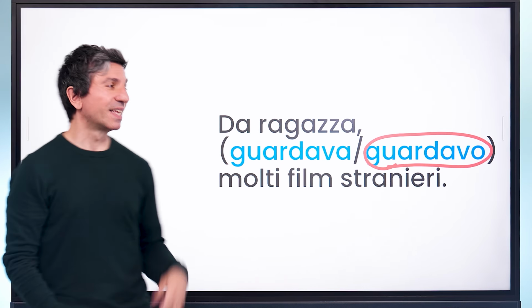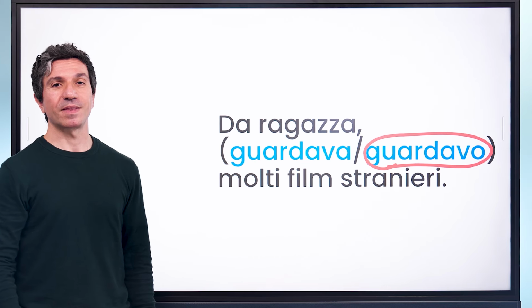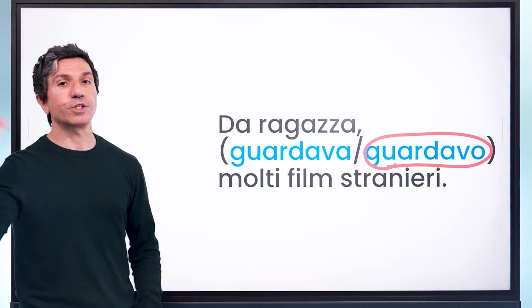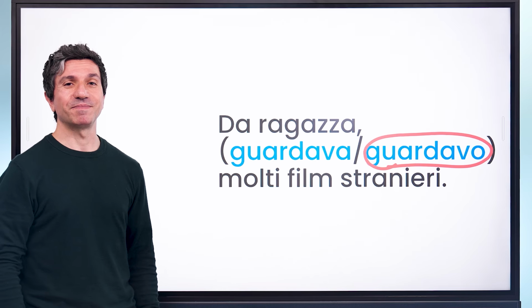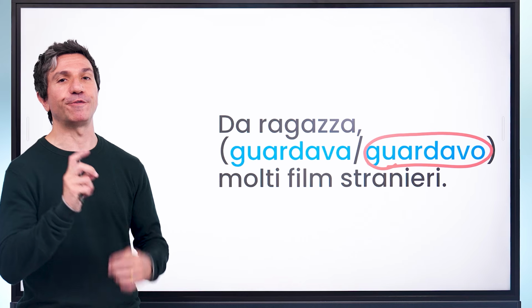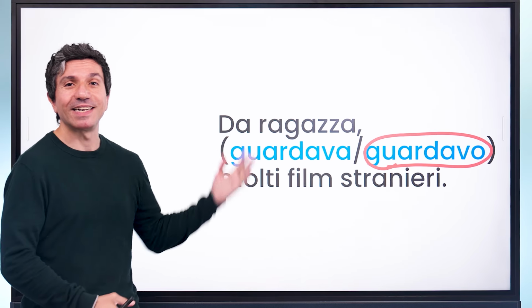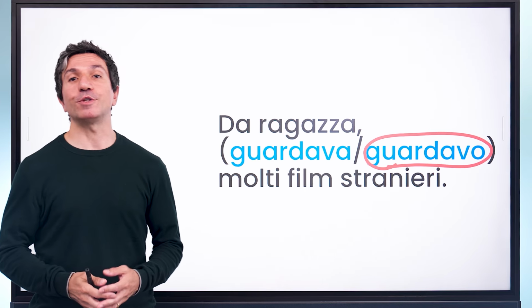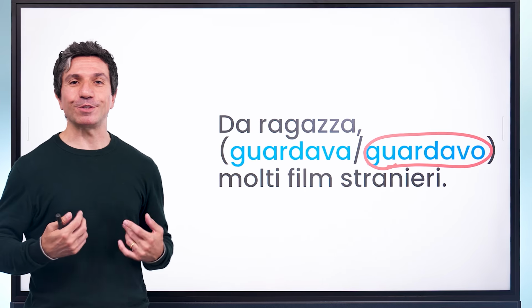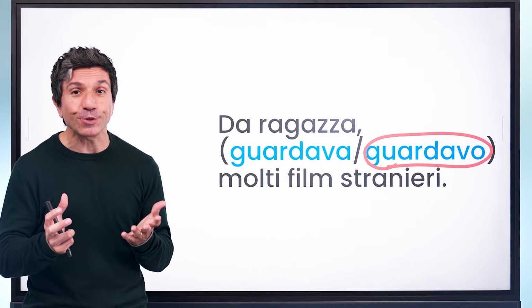Guardavo. Da ragazza guardavo molti film stranieri. As a girl, I used to watch a lot of foreign films. Guardavo is used here because it matches the first-person singular subject implied by da ragazza, as a girl, referring to the speaker herself. We use the avo ending to indicate I used to in the imperfetto tense.